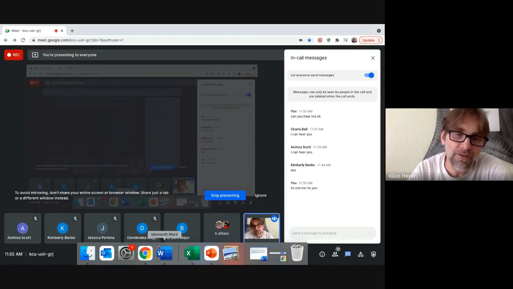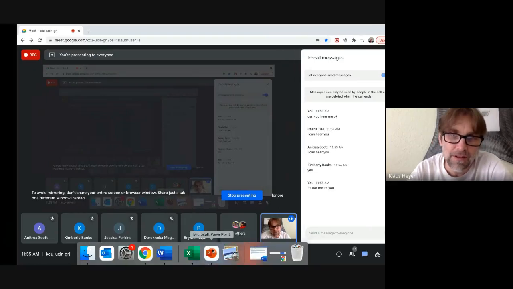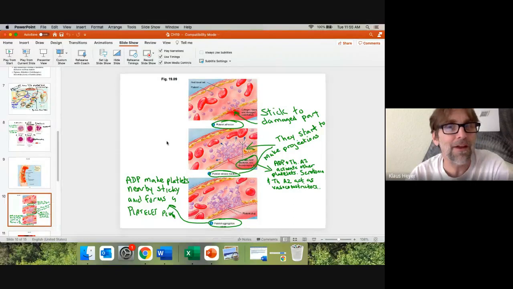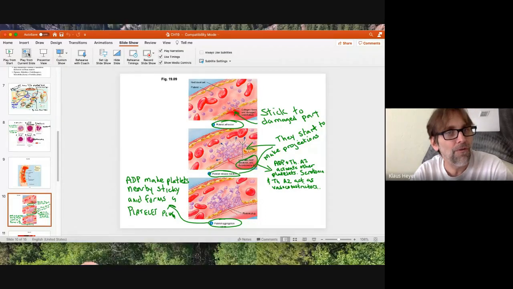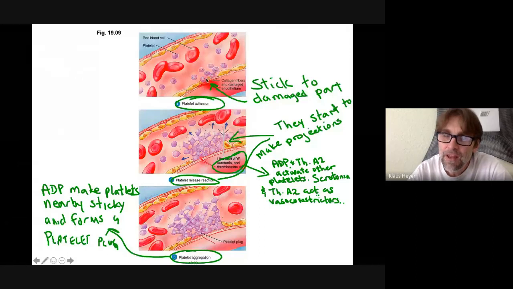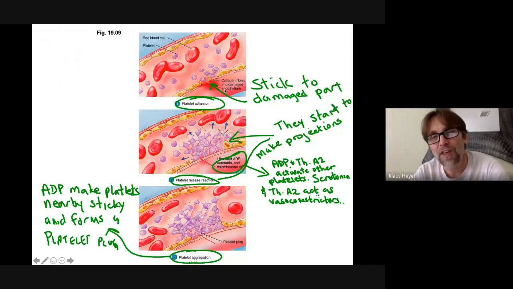So don't concentrate on the names of it. I don't really care about that. I just kind of want you to know what's going on here. Right here on that top slide, they're saying collagen fibers and damaged endothelium. This is the blood vessel, and this is the lining of the blood vessel, these yellowish cells.